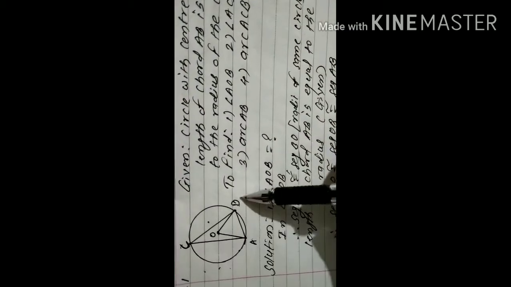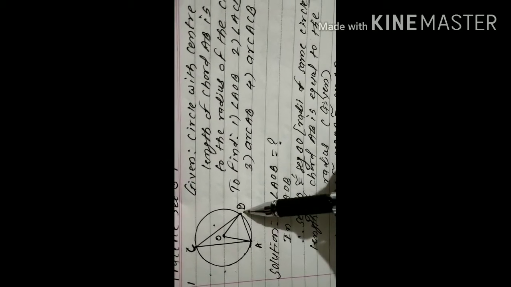Second, angle ACB. In the figure, angle ACB is an inscribed angle and its intercepted arc is arc AB. Therefore, angle ACB is equal to 1/2 measure of arc AB by inscribed angle theorem.